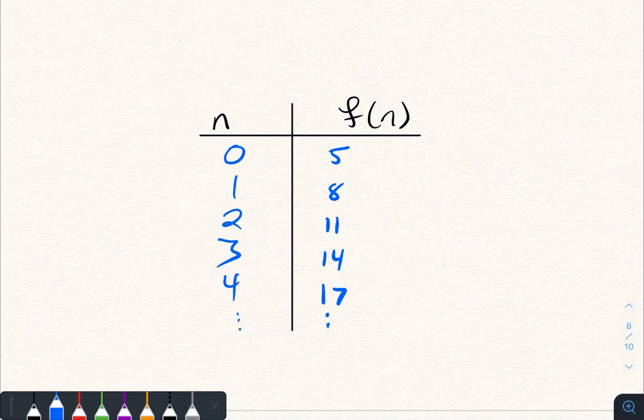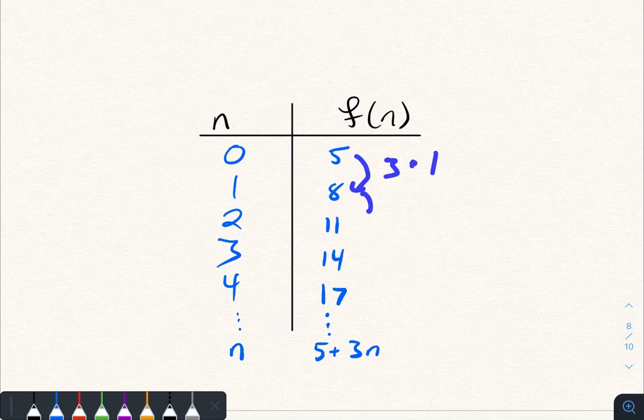And with this, you could see a general pattern. What would it be for your nth term? It would be just 5 plus, you're repeatedly adding 3, so it'd be plus 3n. Okay. And it's like you add it n times. Here we've added 3 one time, so this is like 3 times 1.